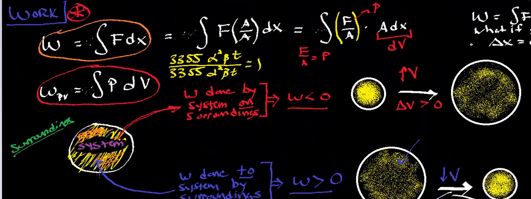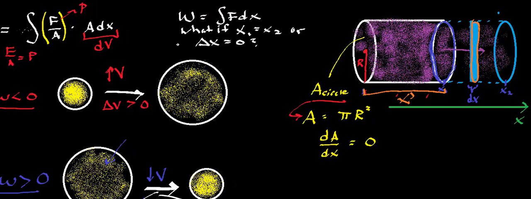Now, one thing that's very important here: remember the classic definition of work from physics, that it's equal to the integral of force dx. What if you're applying a force on something, but there's no movement? The example that's always given is a concrete wall.